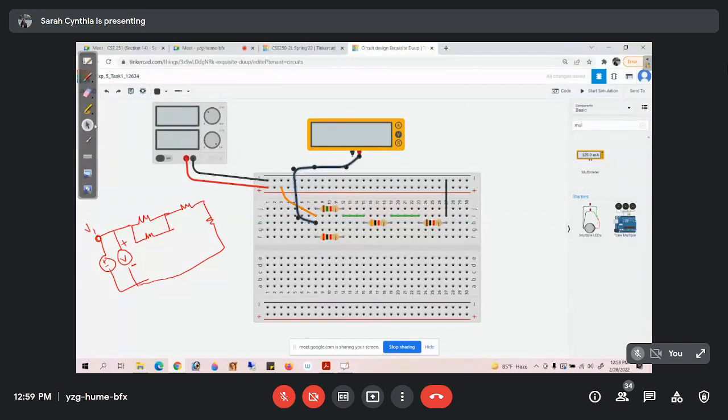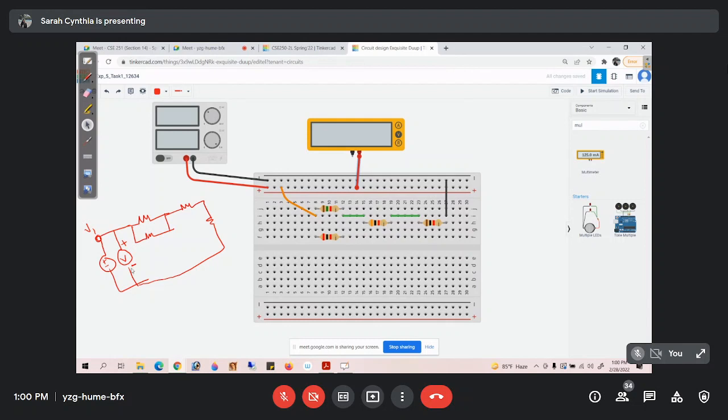Here we connected. Yes, very good observation. Since we are measuring the voltage of the source itself, you can connect directly to the positive and negative terminals. This particular node is common with the parallel connection of the resistor, and it is also common with the positive terminal of the battery, right? Very good, thank you. So we can directly place it on the positive terminal of the battery.